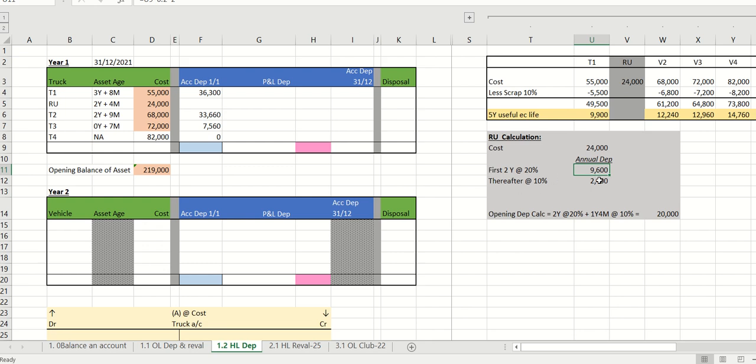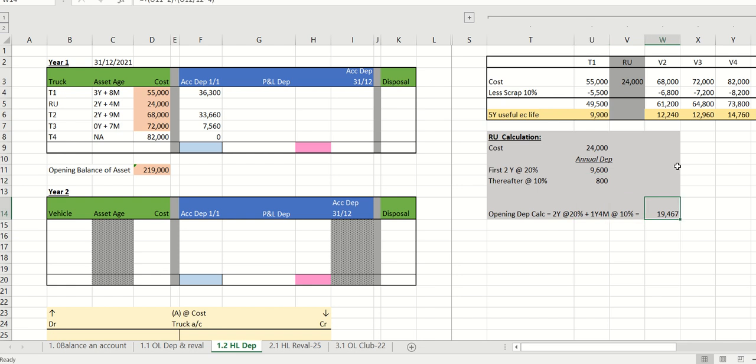Okay, and thereafter, apologies, and thereafter at 10%. So then I'm going to have 24,000 multiplied by 10% and then divided by 12 and multiplied by 4 months because I've got 2 years and 4 months.